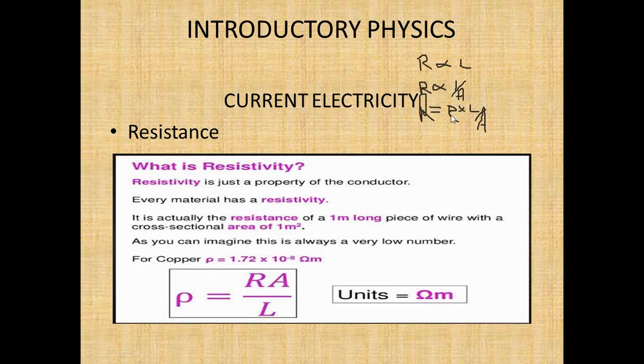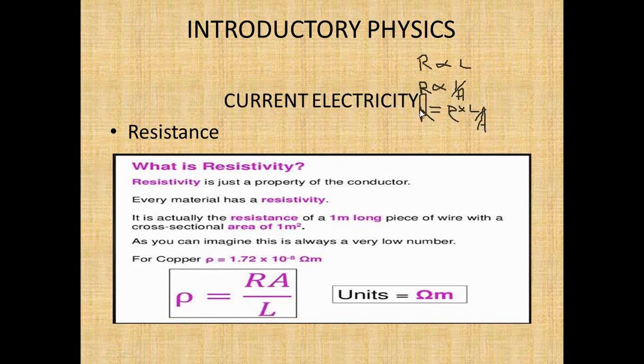So the length is 1 and the area is 1, and all of this is 1, so resistivity is equal to the resistance. So that's what they're saying.